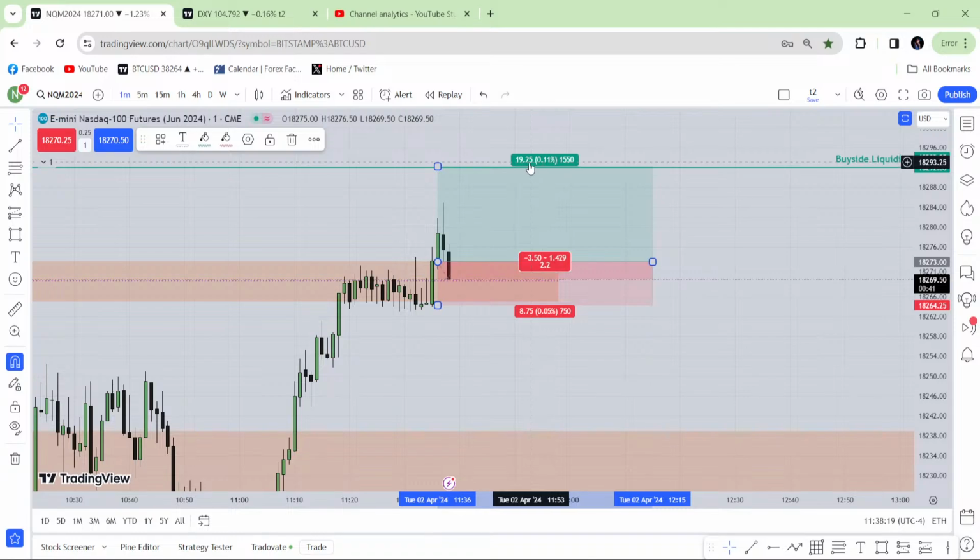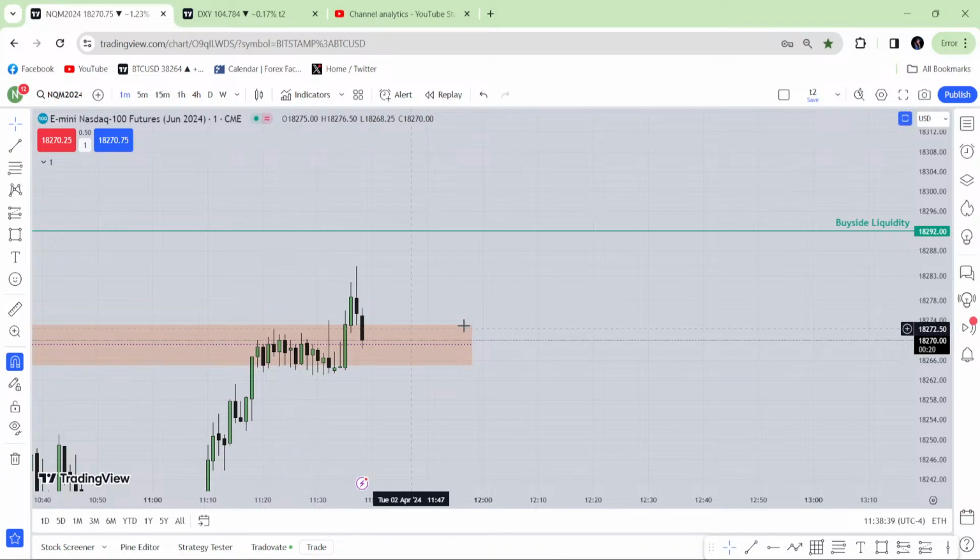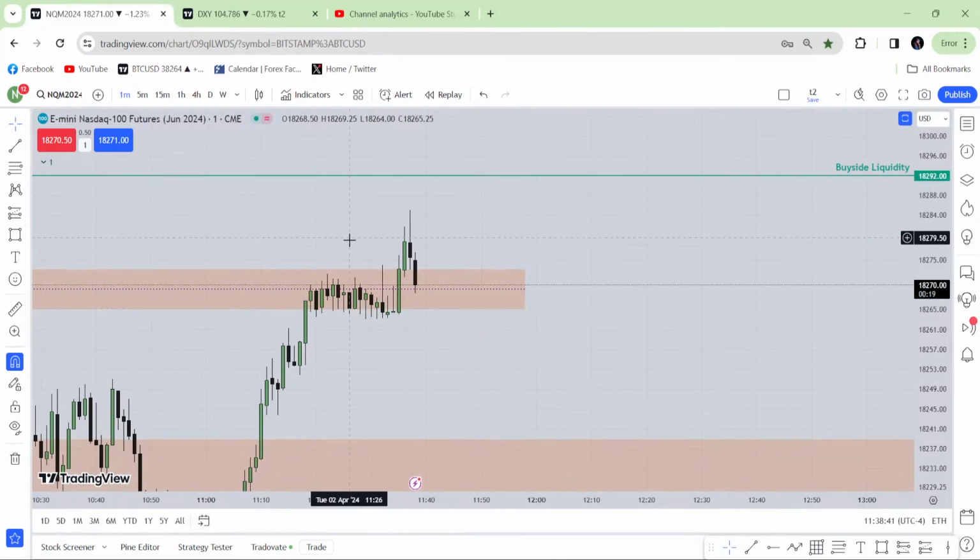Now you can see 19 handle, not huge, but sometimes you will see near about 45-60 handle by taking a 6 handle, 5 handle, or 7 handle stop loss. You are going to get 45 handle, 70 handle, 80 handle, something like that. So this is also a setup. I have already explained that on my YouTube channel.